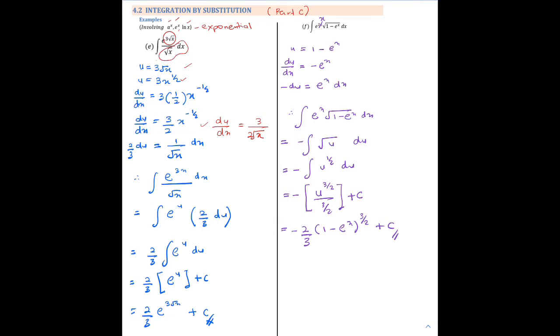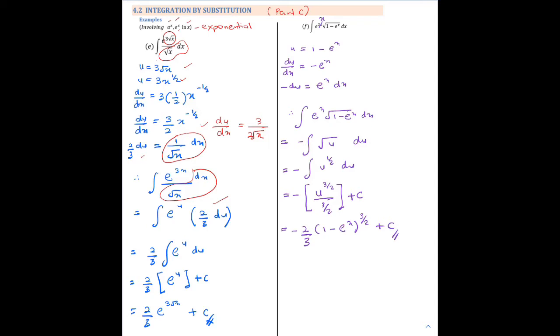So make 1 over sec x dx as our subject. So rearrange so that we get 2 over 3 du is equal to 1 over sec x dx.